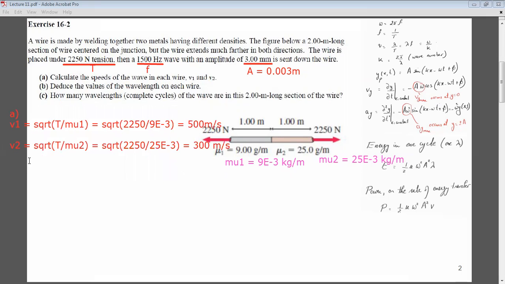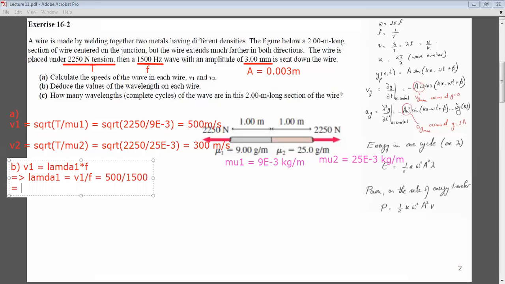Deduce the values of the wavelengths in each wire. We will use the fact that the velocity is lambda times the frequency. So lambda 1 is equal to V1 divided by the frequency, and this is V1, which we just calculated, divided by the frequency, 1,500 Hertz.